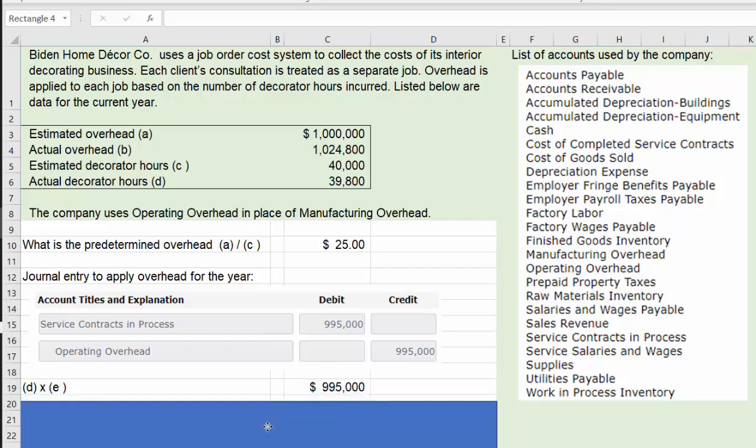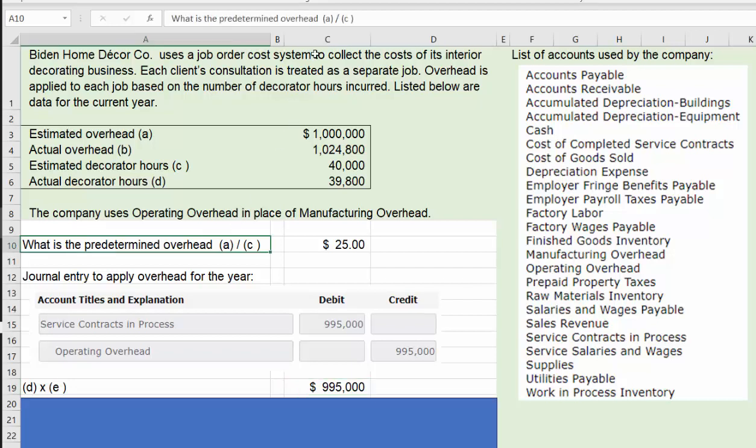How did I come up with that? You simply take D times E. Well, what's D? D is actual overhead, right, times the predetermined overhead rate that you determined. Okay, this is actually what's the predetermined overhead, and some people might actually put the word rate in there.